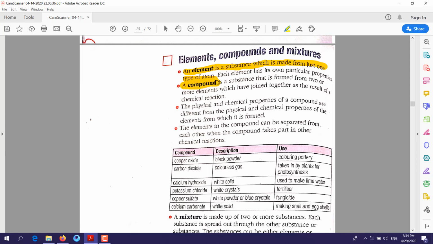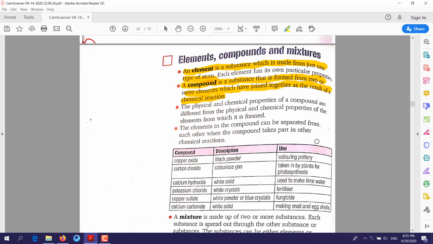A compound is a substance that is formed from 2 or more elements which have joined together as a result of a chemical reaction. To have a compound, there should be a minimum of 2 elements that react with each other and join to form something new.